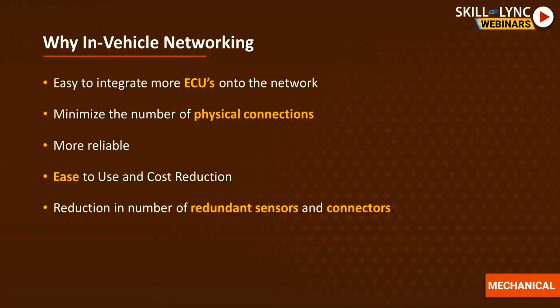So it is very easy to use, and for cost reduction too, if you use fewer parts, then of course cost reduction will happen. And I told you already that the number of redundant sensors and connectors will also reduce if we go through the in-vehicle networking concept.